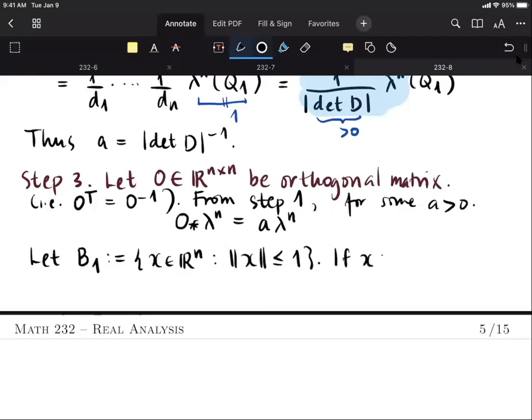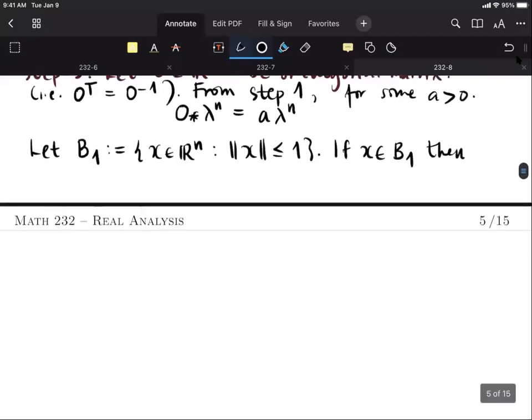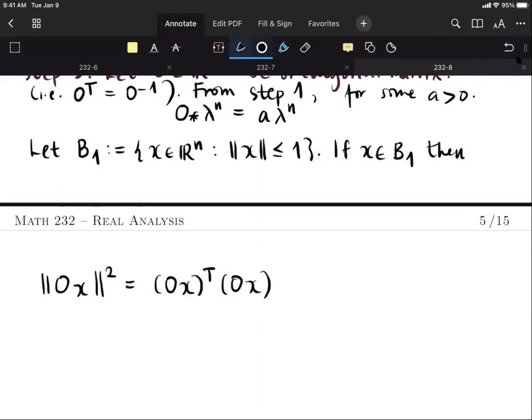So if X is in the closed unit ball, then if we take, let's say, the norm squared of the product of the orthogonal matrix O and the vector X, well, this is the transpose of OX times OX, applying the properties of the transpose of a product.